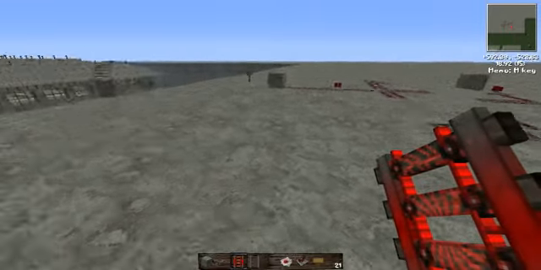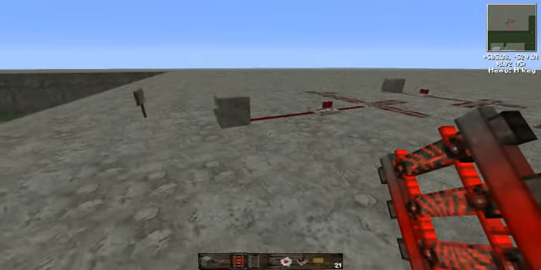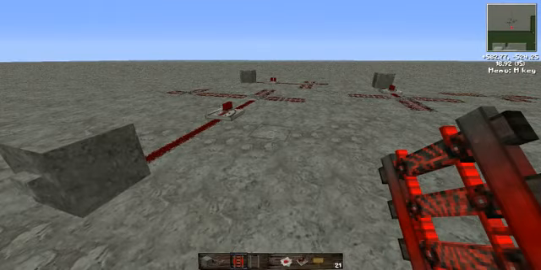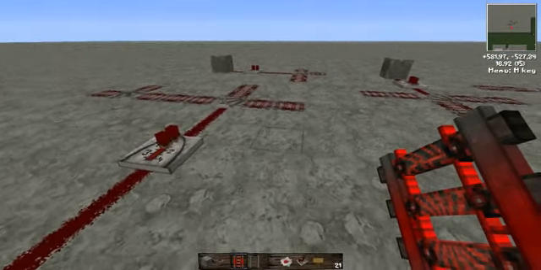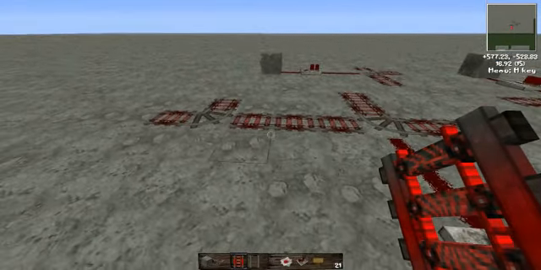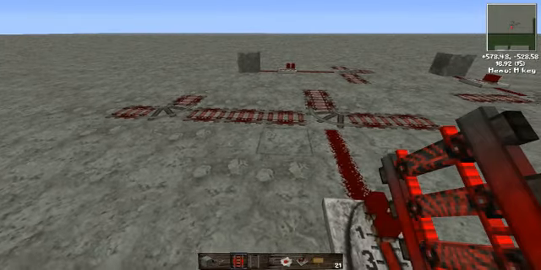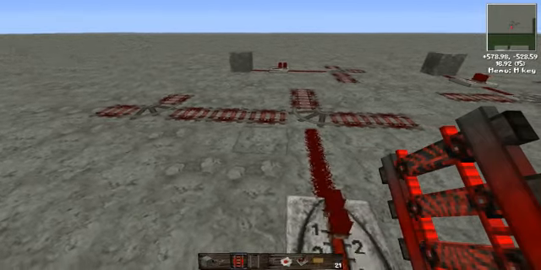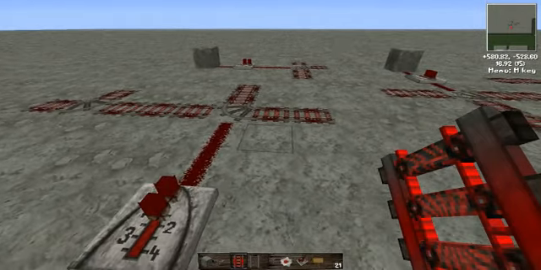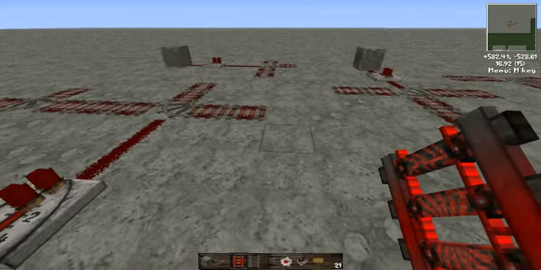That's the issue that I was running into. So it's not broken, it's just they have the rails set up a particular way to where once powered it wants to go in a certain direction, and it'll remain in that direction.